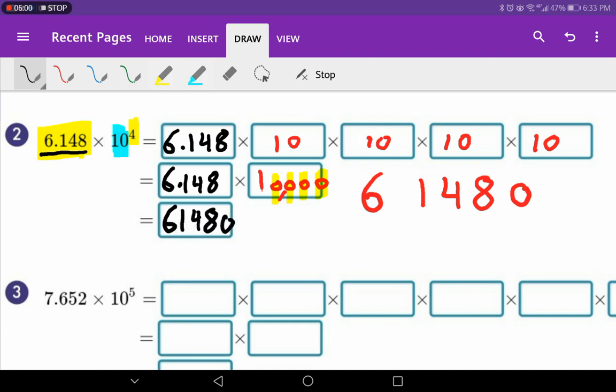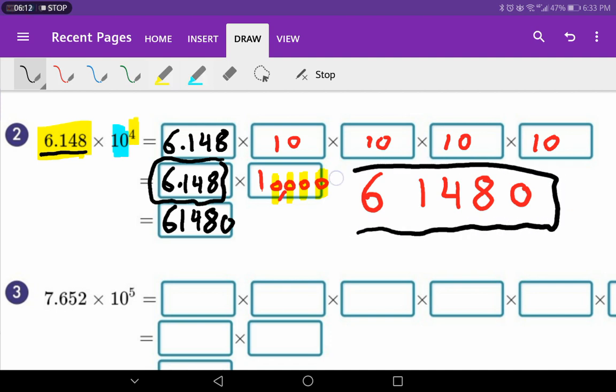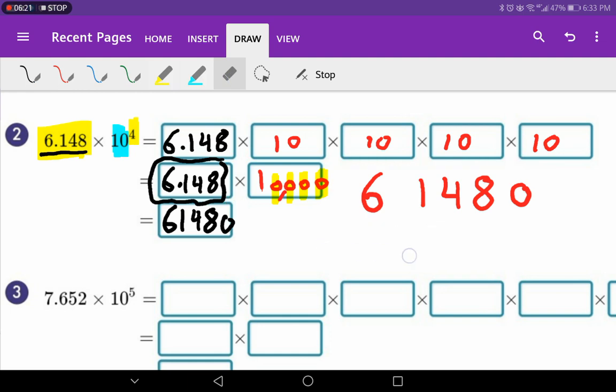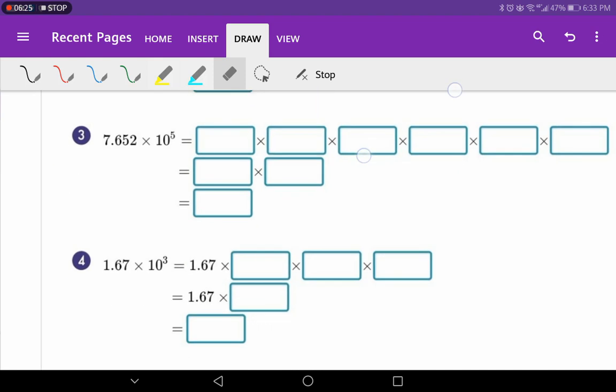What we learned is that every time we multiply, we make the number bigger. If you multiply by 10,000, the answer must be 10,000 times greater than the factor. My dear students, are you happy with that? I hope so. Let us move here.